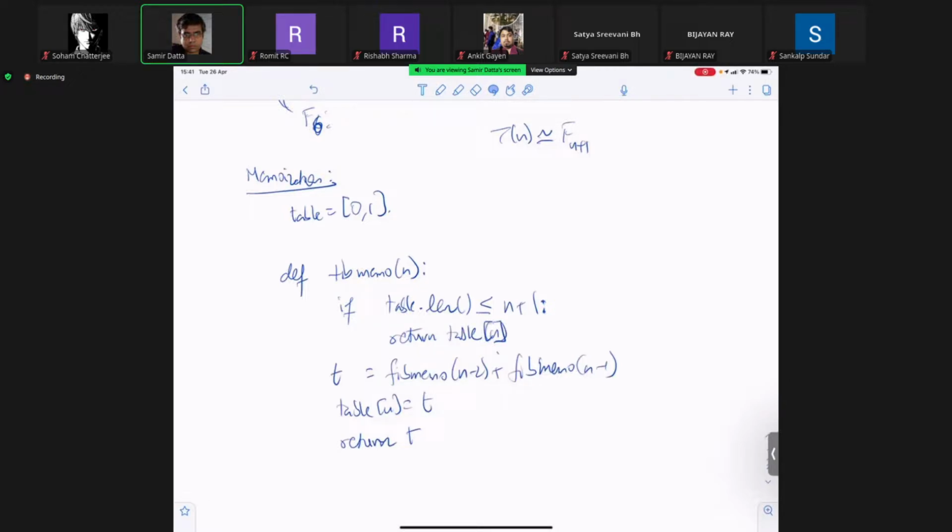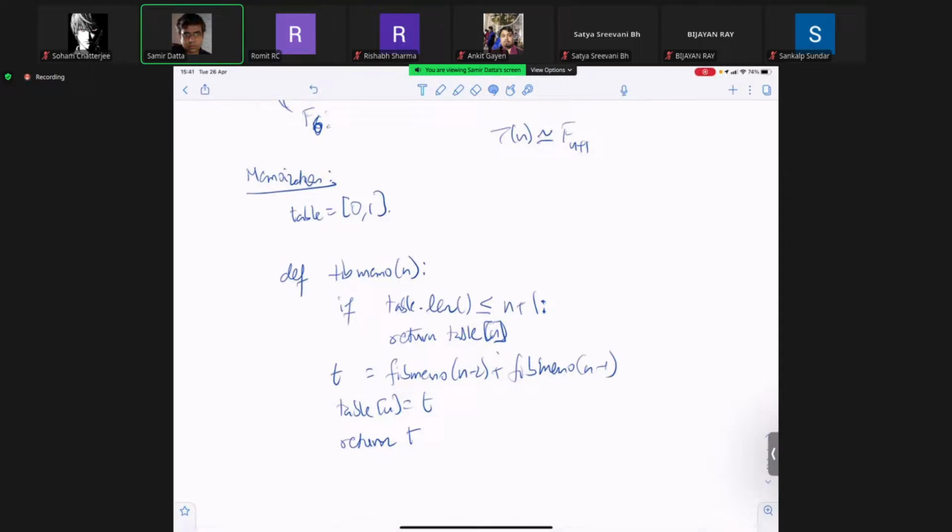So tell me, any objections with this? What is the purpose of the first if clause? Sorry, I couldn't hear you.